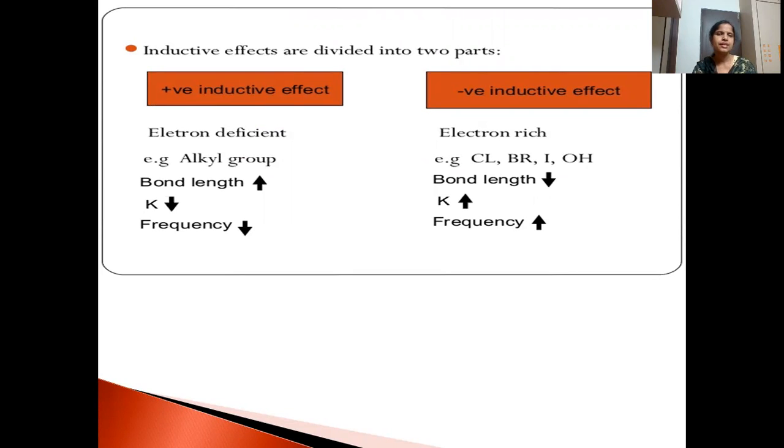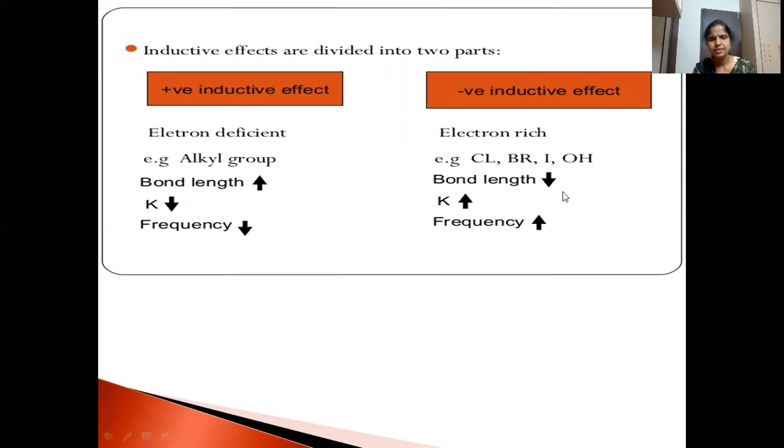As we know, inductive effects are of two types: positive inductive effect, which we call plus I, and negative inductive effect, minus I. So if we take the same alkyl group, the bond length is increasing, so the K value is decreasing, and the frequency also decreases. Here you have to note one point.